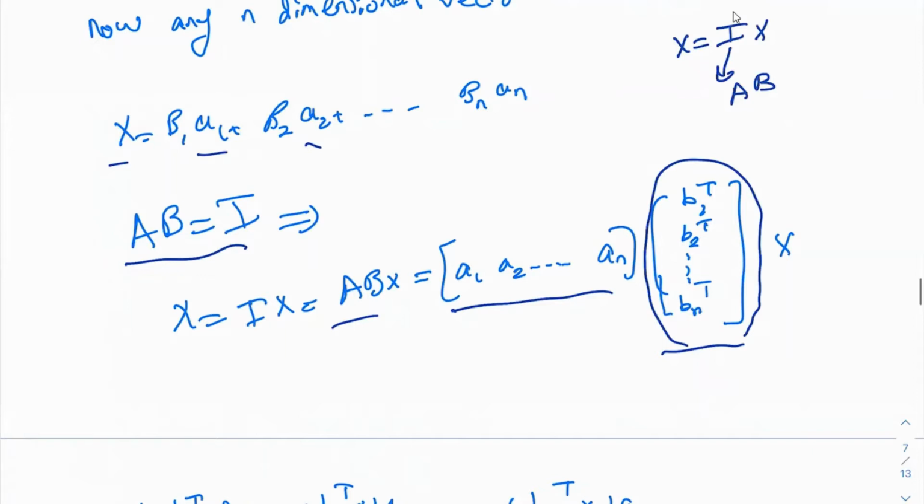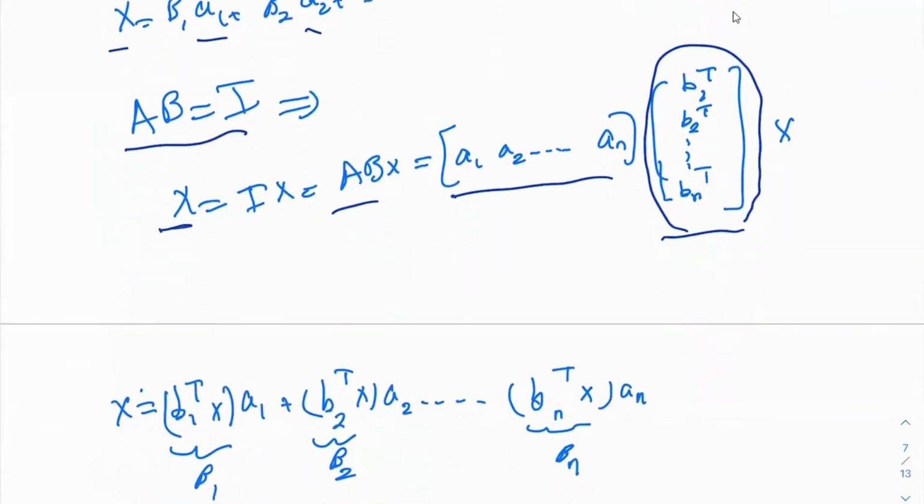When you do that, x is equal to B1 transpose x times A1. What do I mean by that? You multiply x by each of these rows, so you get B1 transpose x, B2 transpose x, all the way to Bn transpose x.